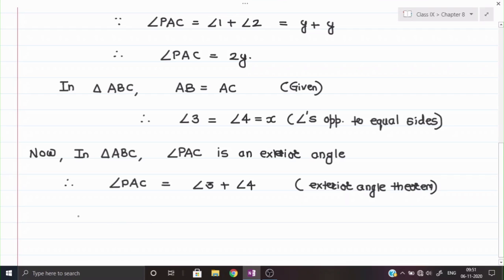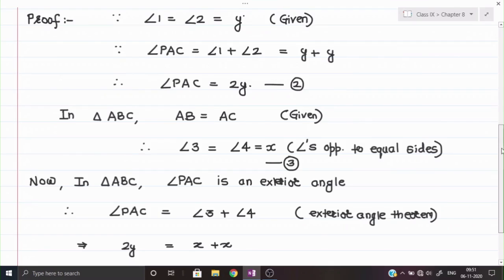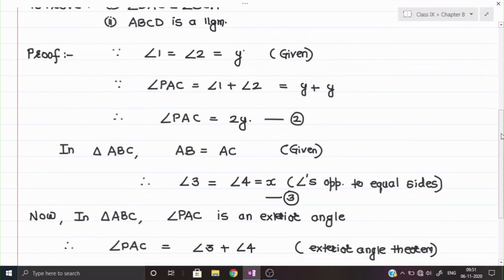Now angle PAC, you observe, is 2y, and angle 3 and angle 4 both are equal to x and x. So angle PAC is equal to 2y, that I am supposing equation number second. This I am supposing equation number third, and the first equation is where I have supposed angle 1 and angle 2 equal to y.